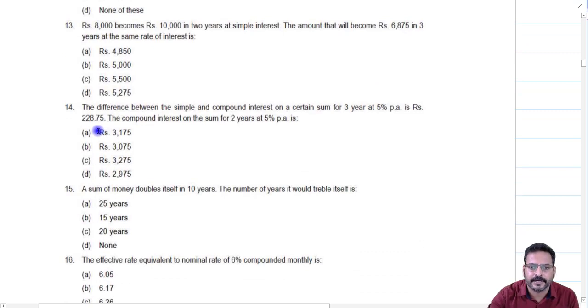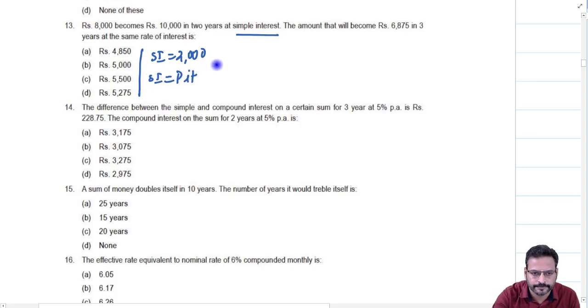Then next one. Rupees 8,000 becomes 10,000 in 2 years at simple interest. The amount that will become 6875 in 3 years at the same rate of interest is? So the amount of rupees 8,000 becomes 10,000, that means the simple interest amount is 2,000. So simple interest from formula PIT: 2,000 is equal to 8,000 into I into 2.